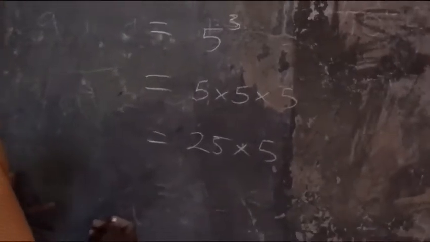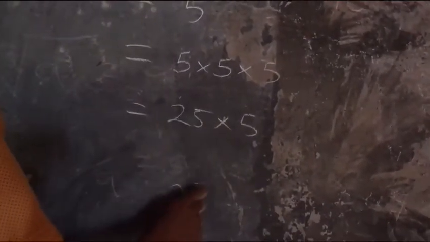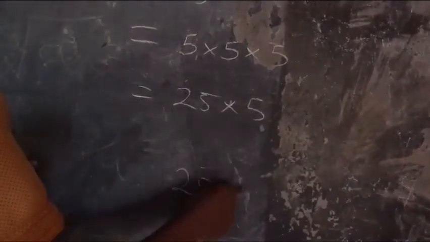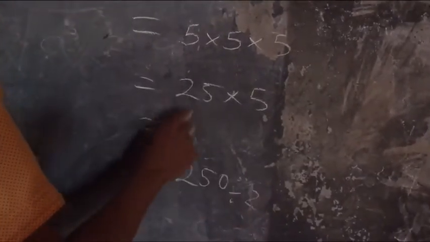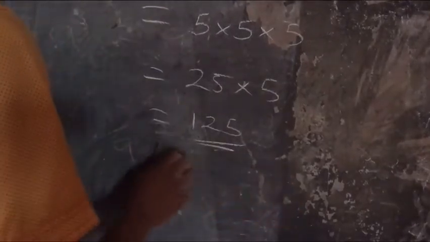So what will happen? If I multiply this by 10, I'll get 250. But I want to multiply by 5, so by 10 gives 250. Then I'll divide by 2. I'll get 125. So that's my answer.